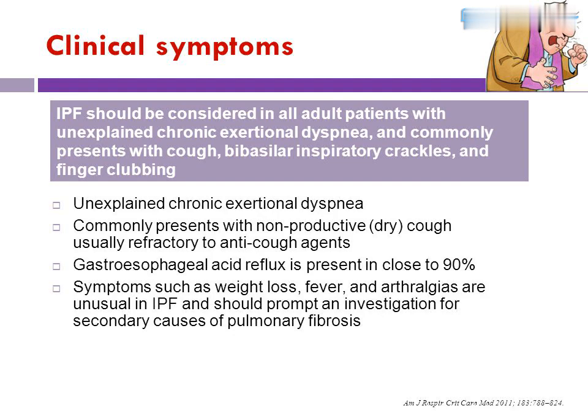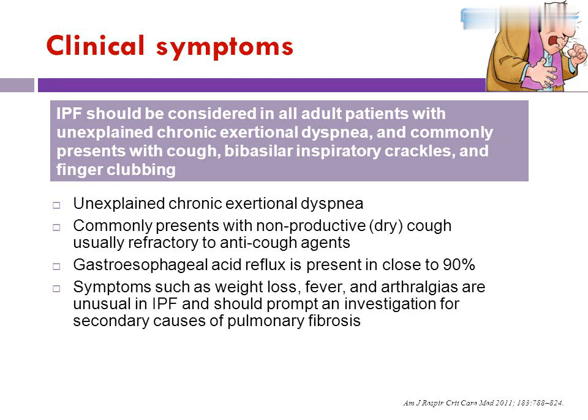Clinical symptoms. IPF should be considered in all adult patients with unexplained chronic exertional dyspnea, and commonly presents with cough, basilar inspiratory crackles, and finger clubbing. Unexplained chronic exertional dyspnea commonly presents with non-productive, dry cough usually refractory to anti-cough agents.